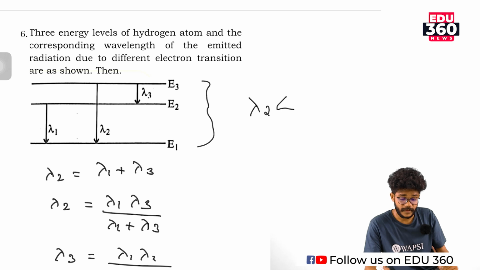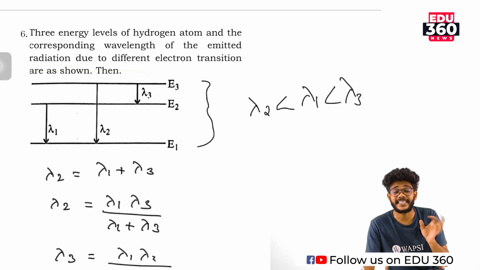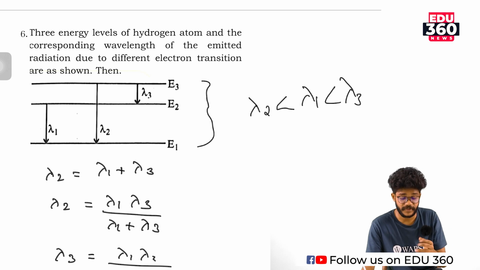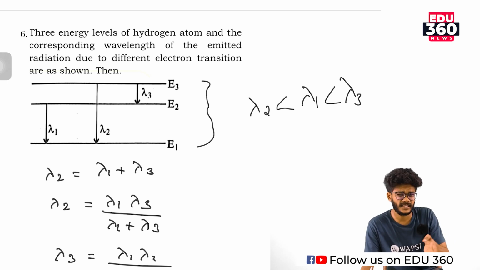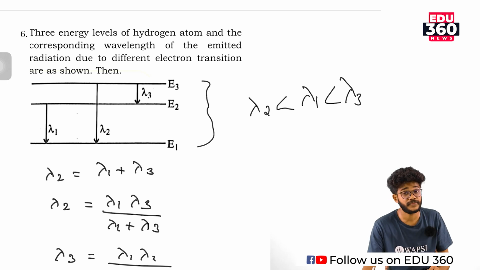Then lambda 1, and at most lambda 3 is the greatest wavelength. From this figure, lambda 2 is the smallest, lambda 1 is in the middle, and lambda 3 is the largest wavelength.